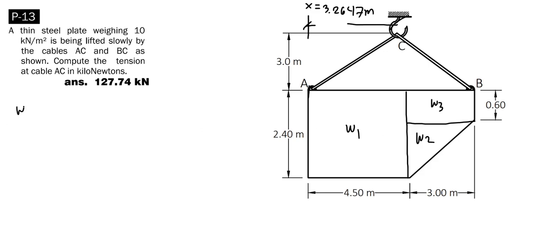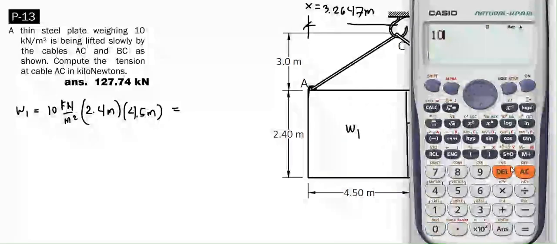To calculate W sub 1, since we are given the unit weight for the figure, 10 kilonewtons per meter squared, we multiply this by the area of this rectangle, 2.4 meters times 4.5 meters. This gives a value of 108 kilonewtons.